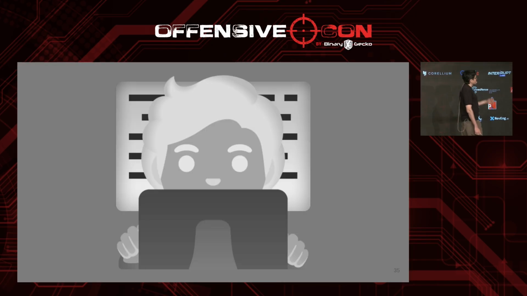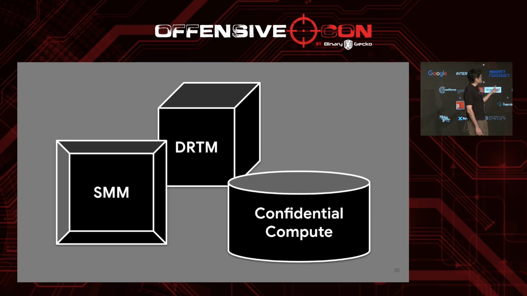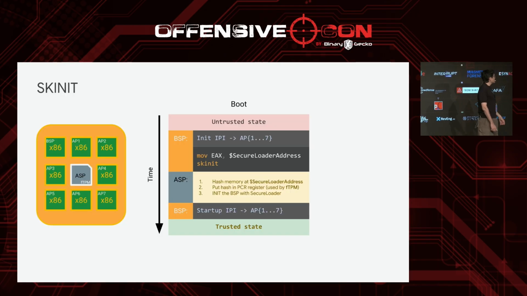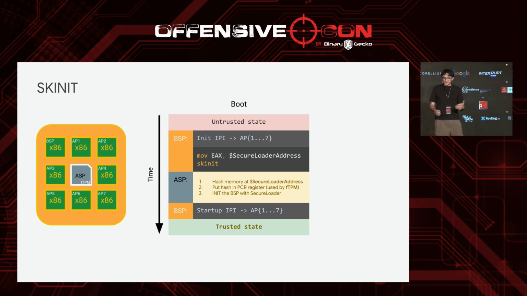The first person is a hacker, kind of. And there are three features of the CPU that don't trust the root. There's more than three, but these are three that I chose randomly. And I will explain a couple of them. The first one is the RTM. The RTM is a very simple, well, not simple, tool that the CPUs use in order to assert trust on the boot process.